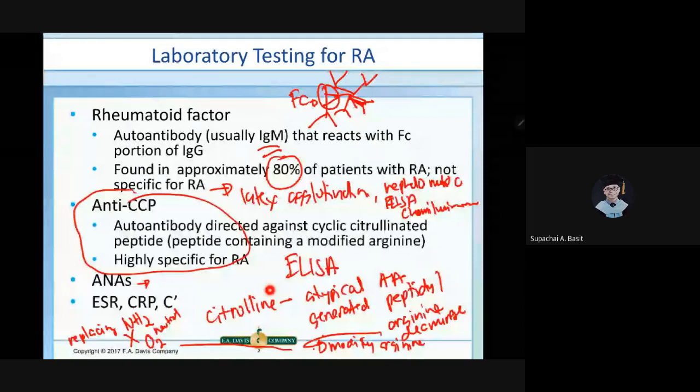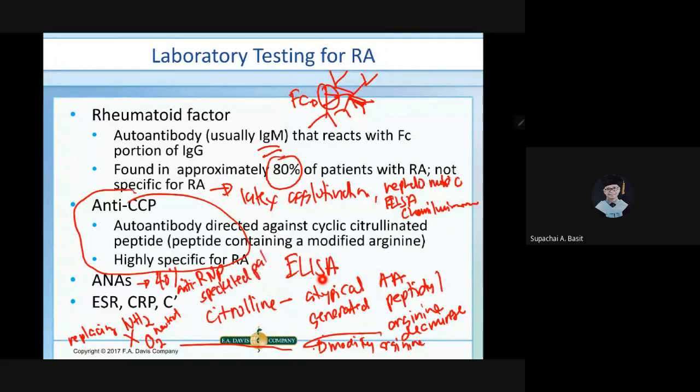So anti-nuclear antibodies are found approximately in 40% of patients with rheumatoid arthritis. Okay? And they're commonly directed against RNP. So pag meron kayong nakita na anti-RNP, so most likely rheumatoid arthritis yan, and they will produce a speckled pattern. Remember how a speckled pattern would look like?